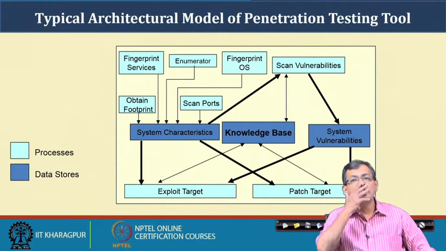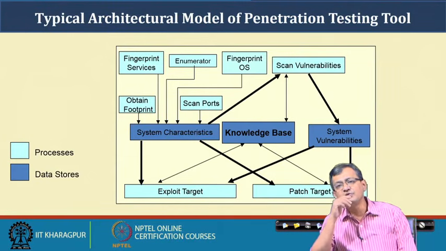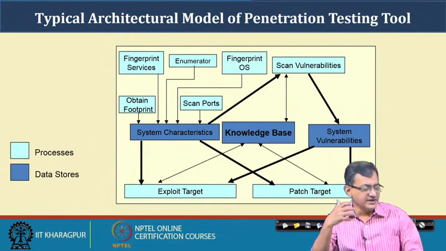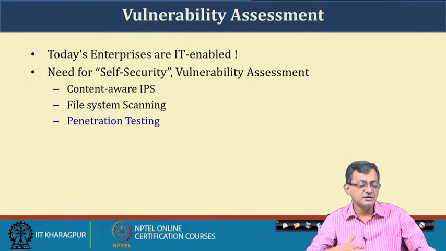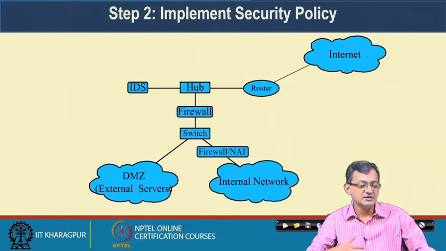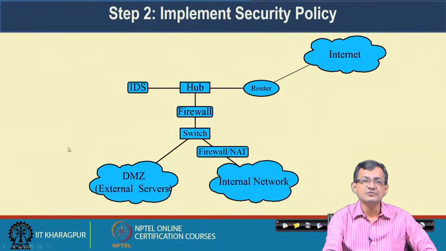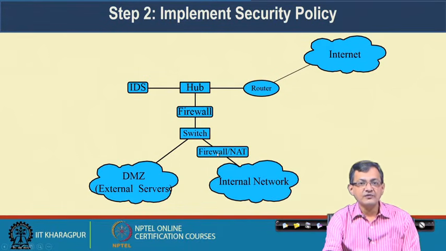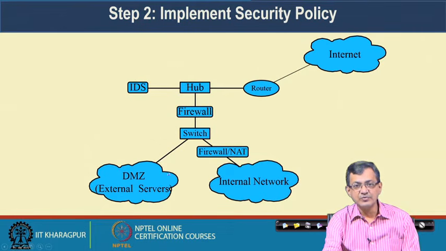So, with this mechanism we will now look at different system level things. Just recollect this one. There are different types of things, right. One is your router, firewall or NAT, there is IDS and so on.